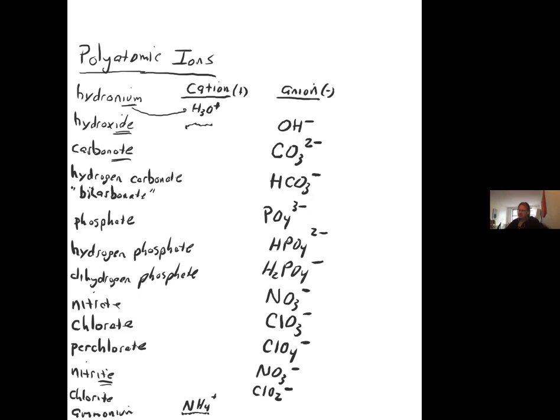And then the anions that I recommend memorizing, I'm going to put a little asterisk or check next to: hydroxide, carbonate, hydrogen carbonate, phosphate, hydrogen phosphate, dihydrogen phosphate, nitrate, chlorate, perchlorate, nitrite, and chloride.